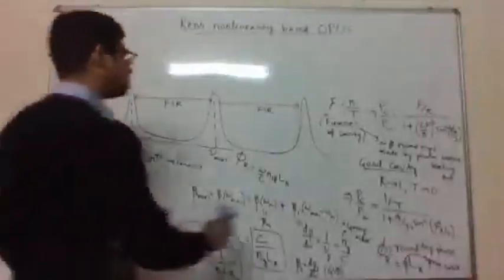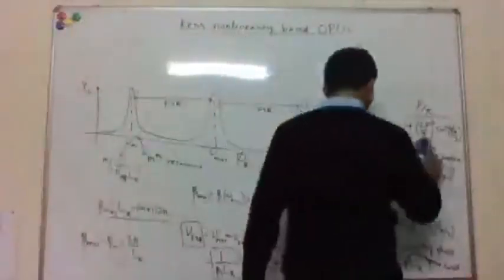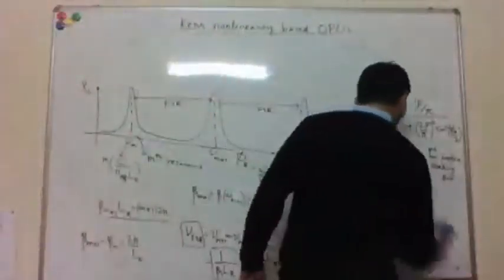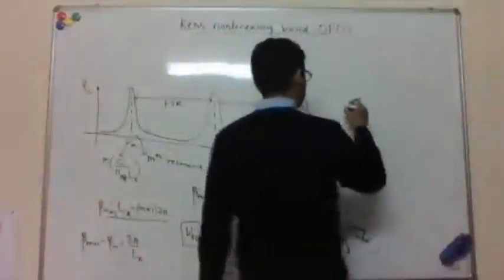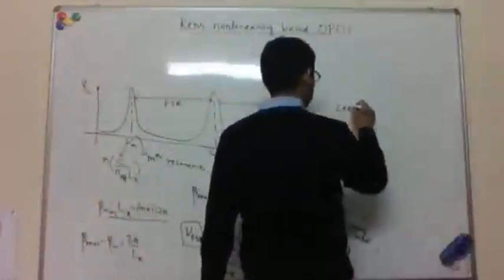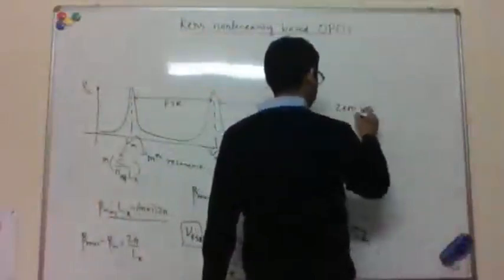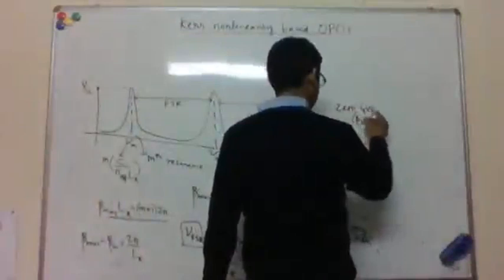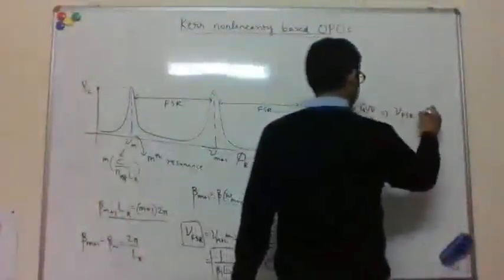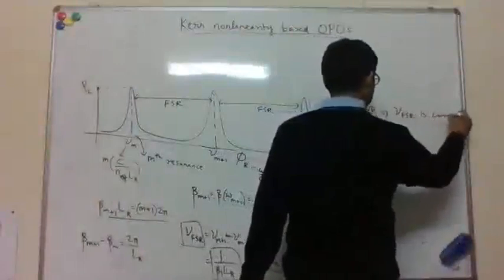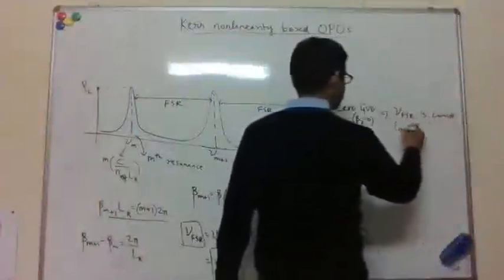Okay, so maybe to summarize, so 0 GVD or beta 2 equal to 0 implies FSR is constant, independent of frequency.